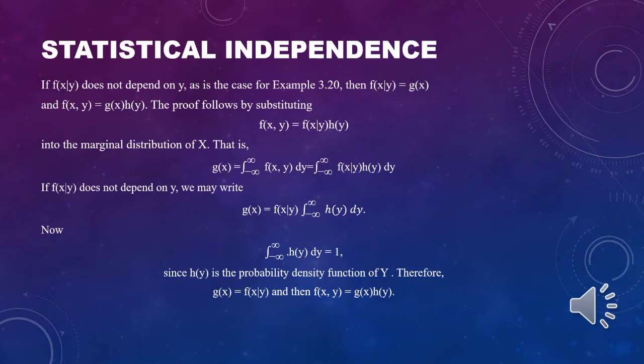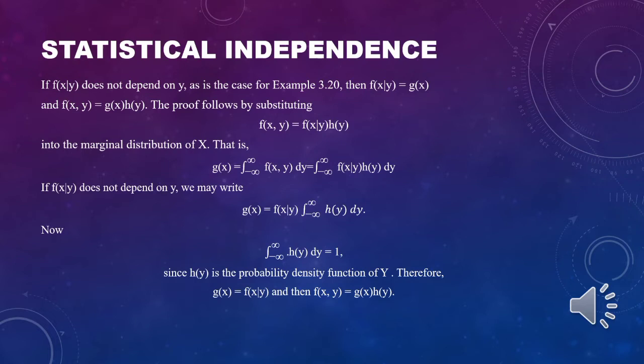The proof follows by substituting f(x,y) = f(x|y) times h(y) into the marginal distribution of x, that is, g(x) = the integral from negative infinity to positive infinity of f(x,y) dy, which is equal to the integral from negative infinity to positive infinity of f(x|y) times h(y) dy.